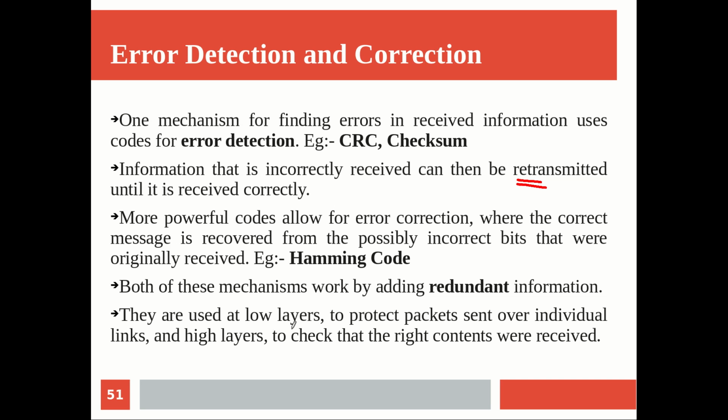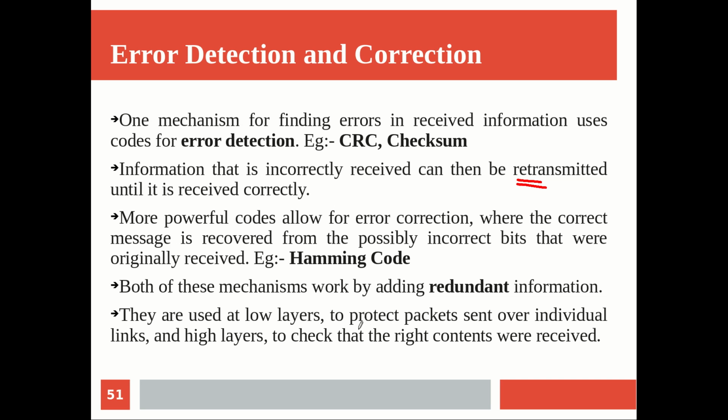Lower layers mainly focus on error detection and correction mechanisms to protect the packets sent over the individual link. So lower layers are mainly for hop to hop communication, looking at a single link and whether the information is being transmitted correctly through that link.